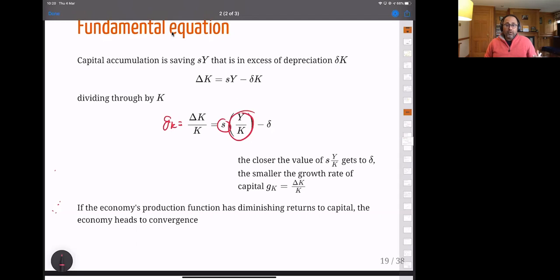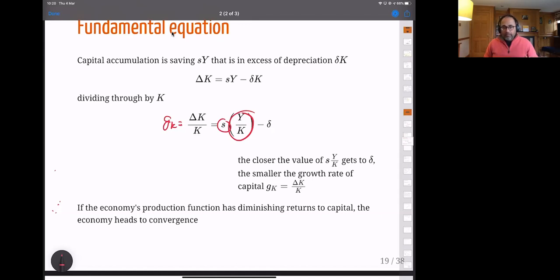If you save more, you will have more investment in the economy and more capital stock. But the second thing it's saying is that as you invest more capital, at the margin, your Y by K will decrease and your growth rate would decrease.